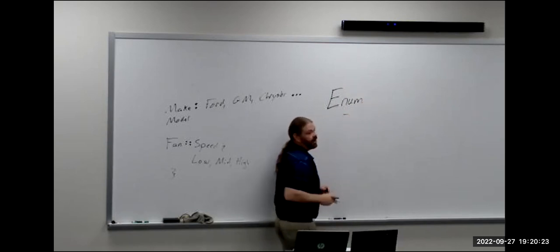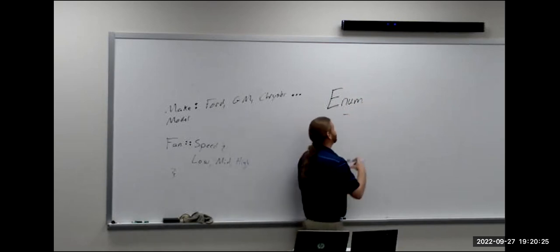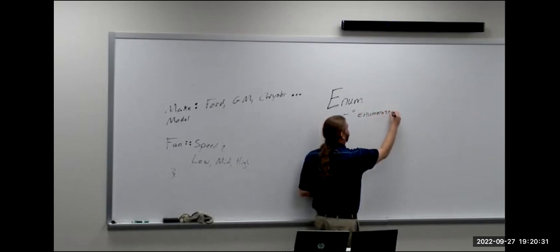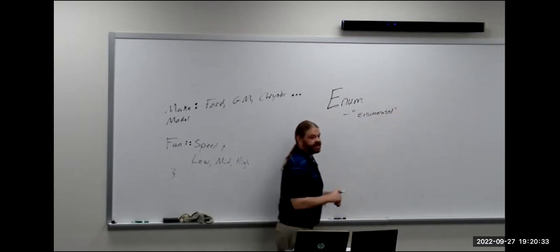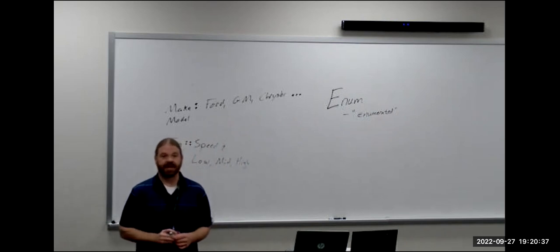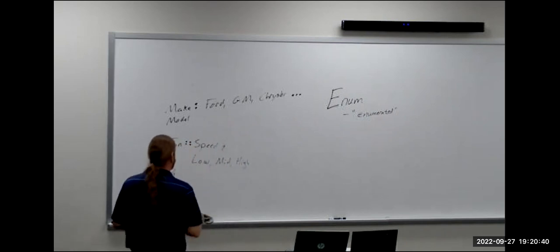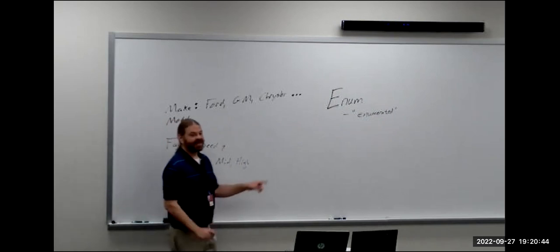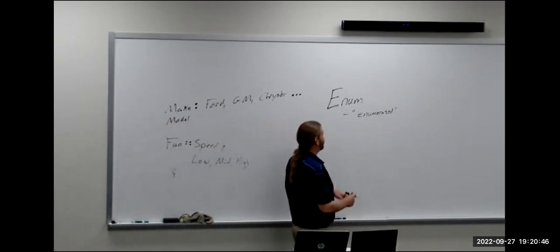So the idea of an enum is kind of like our short list. It's short for enumerated. And this gives us an advantage that a lot of people like in Java. Something that we said last week not to use, but this gives us a way to buy that back. We'll see that in a few minutes.